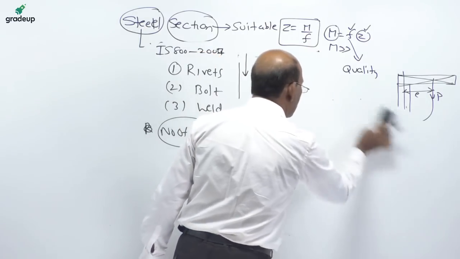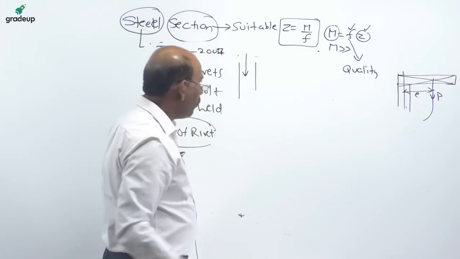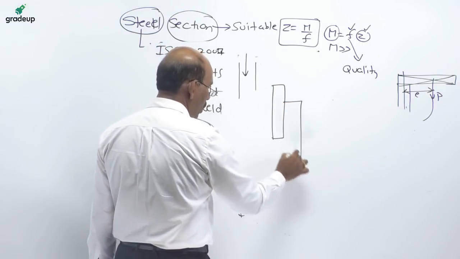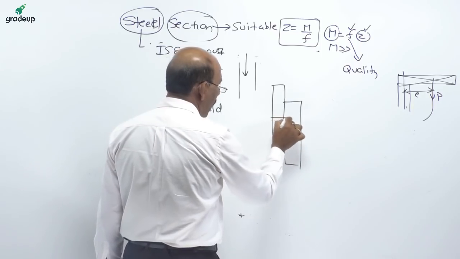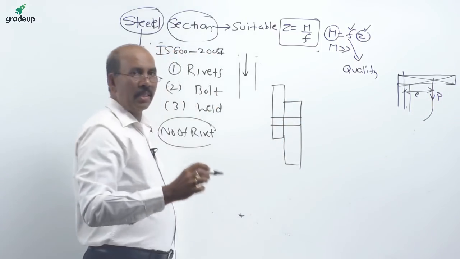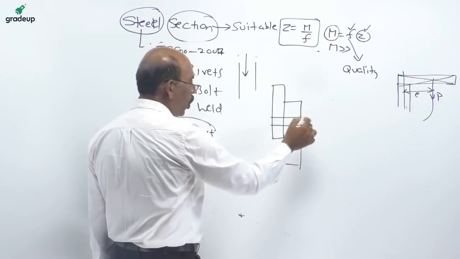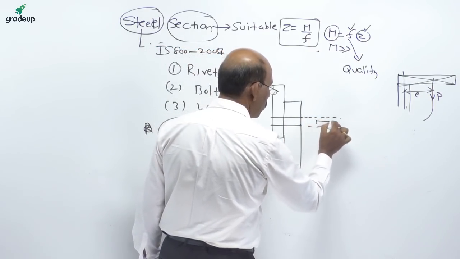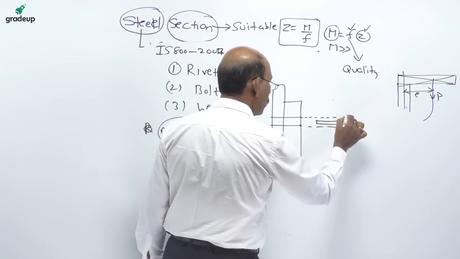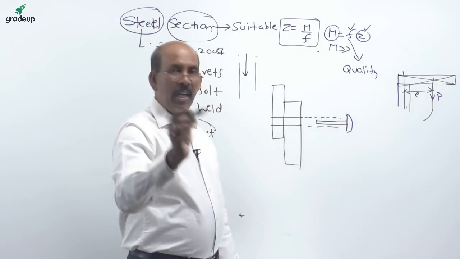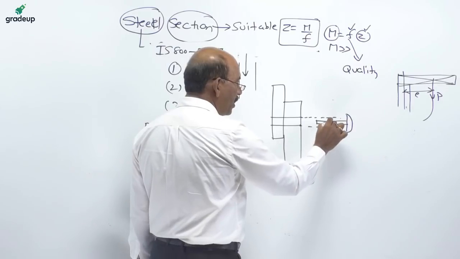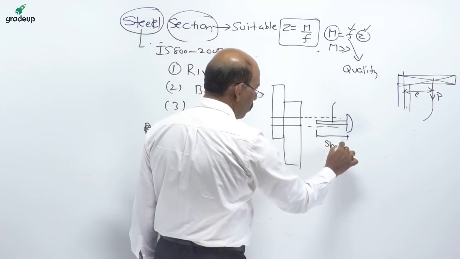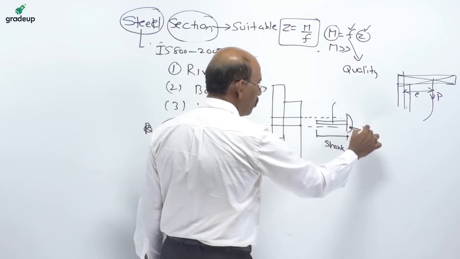The grip length is nothing but, for example, if I am having 2 plates, so these are the 2 plates and this is the connection. That means if I want to insert a bolt, let us take this particular one. So, this is the rivet, and this diameter is called the shank length. This is the head.